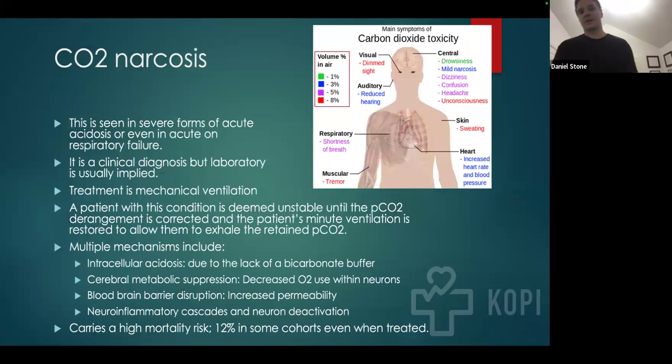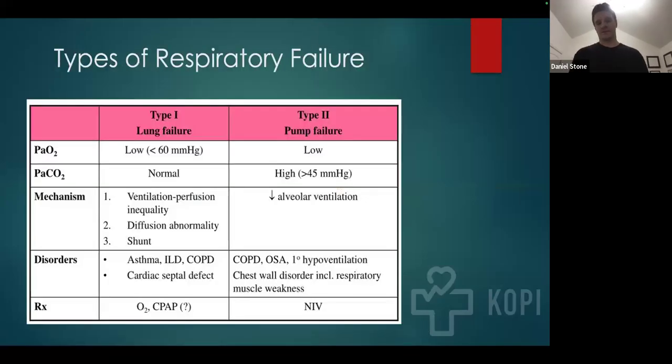So when we talk about types of respiratory failure, we're really talking about severity. When patients are hypoxic, they present usually with just type 1. And this is basically just a lung failure, is one way that people have said it. And this just basically implies that you're not getting enough oxygen, but that you're able to ventilate.